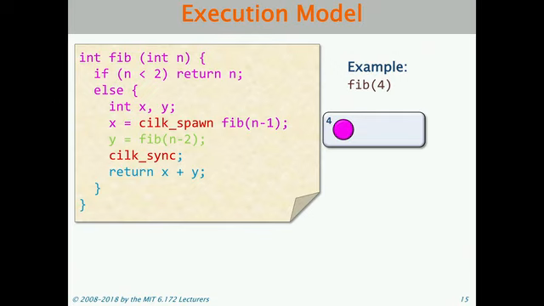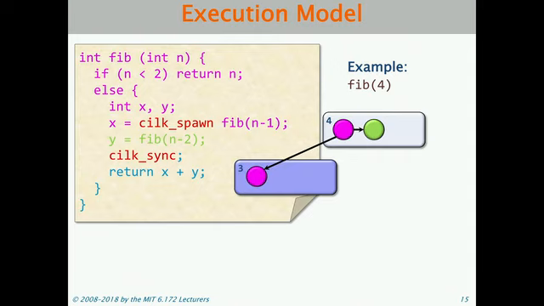So the first thing I'm going to do is I'm going to call fib of 4, and that's going to generate this magenta node here corresponding to the call to fib of 4, and that's going to represent this pink code here. And this illustration is similar to the computation graphs that you saw in the previous lecture, but this is happening in parallel. And I'm only labeling the argument here, but you could actually also write the local variables there, but I didn't do it because I want to fit everything on this slide.